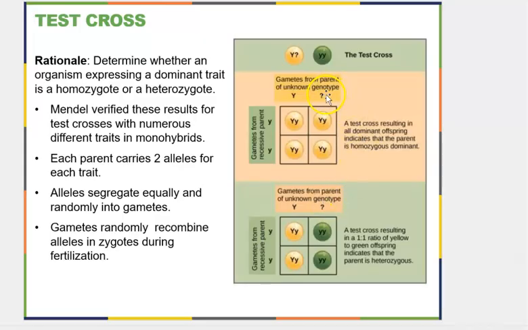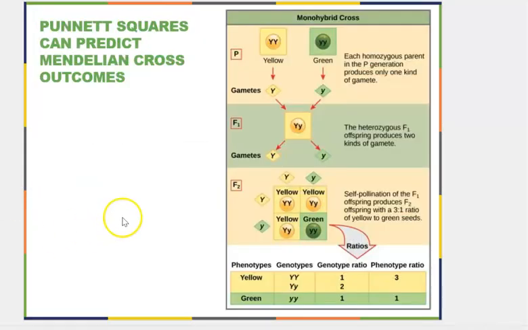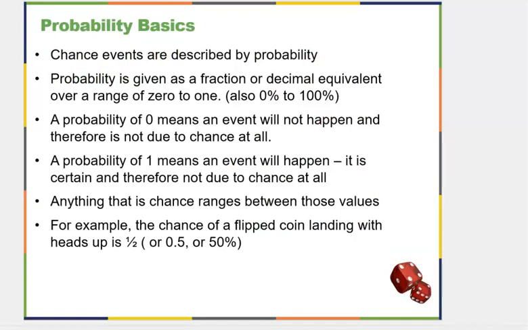Otherwise, if it was big Y, we would get this test cross. If it was little y, we would get this test cross. See it? Pause and look. This is if the parent had a big Y here. This is if the parent had a little y here. Trust me. Pause and make sure that you understand that before you move on. Same thing here. We just did that larger.